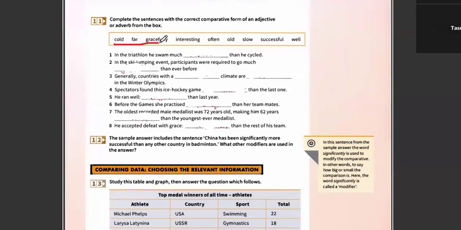So all these words here are adjectives or adverbs. We have to use their comparative forms in each of the blanks, and find out which word fits appropriately, and then use its comparative form. Is it clear for you? Okay, clear. Go on, try.